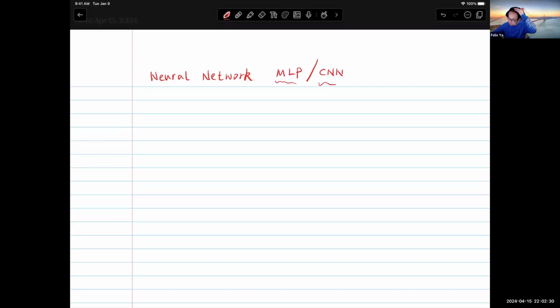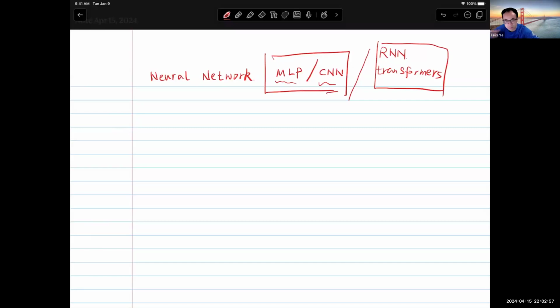There are two more architectures that I'm not going to cover in this course: RNN and transformers. Basically, these four architectures make up most of the current architectures that we already have.